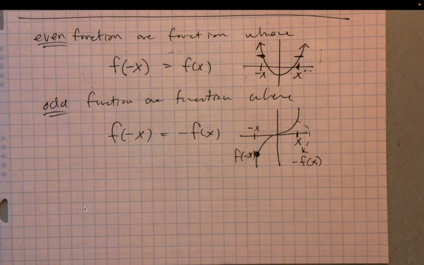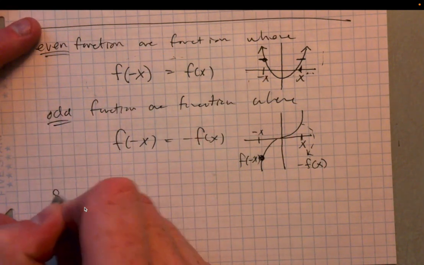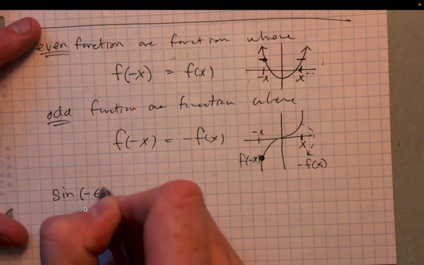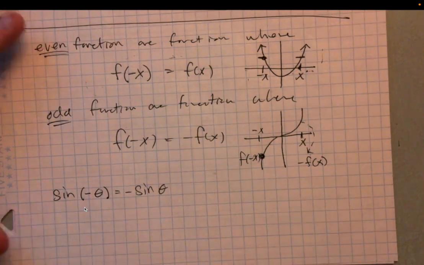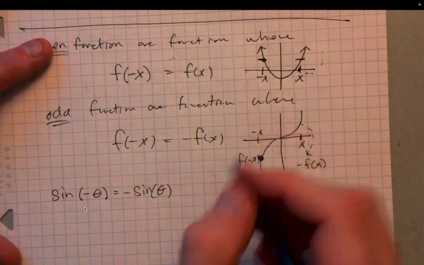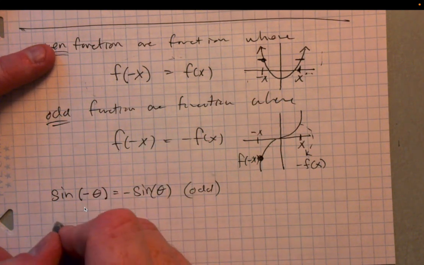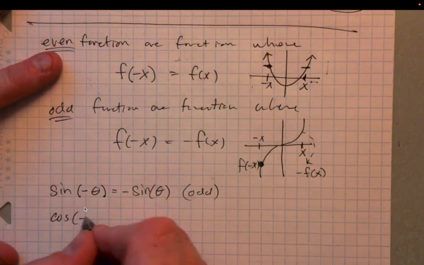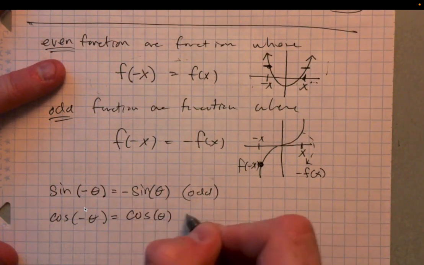Okay. And it turns out that the trig functions all fall into these categories, even or odd. So the sine of negative theta is equal to negative sine of theta. Right, so it's odd. The cosine of negative theta is equal to cosine of theta, so it's even.